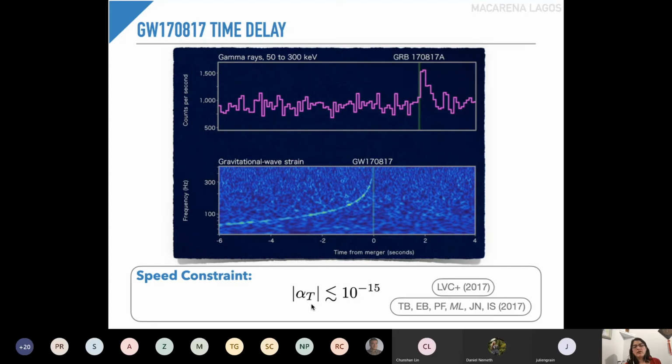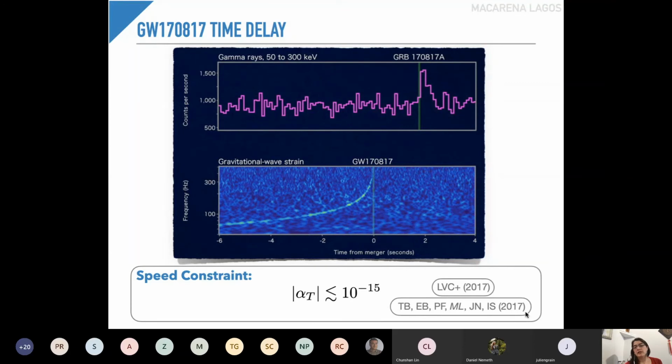Recall that alpha t is this dimensionless parameter. It basically tells you the fractional difference between light and gravitational wave speeds. This is the bound that was found and quoted by the LIGO-Virgo collaboration, and it is actually very tight. We didn't have at that time such strong upper bounds on the propagation speed of gravitational waves.